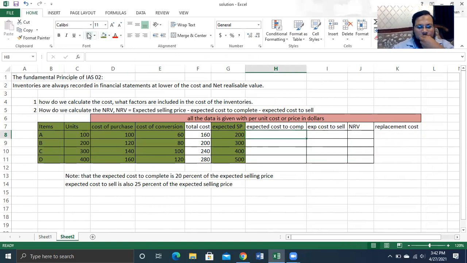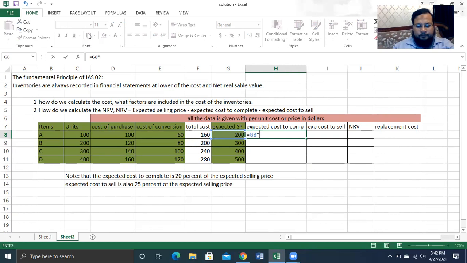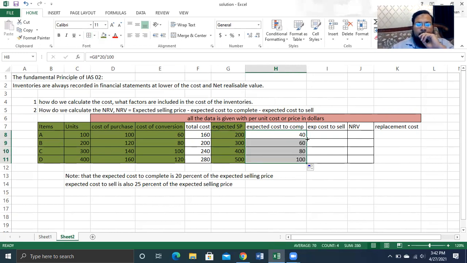So just pay attention. It is 20%, so you'll take the 20% of the selling price and just apply the formula to all the values.